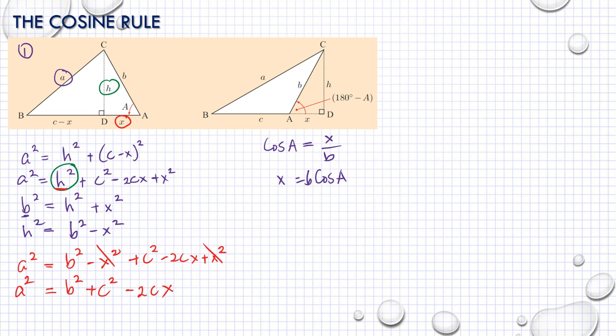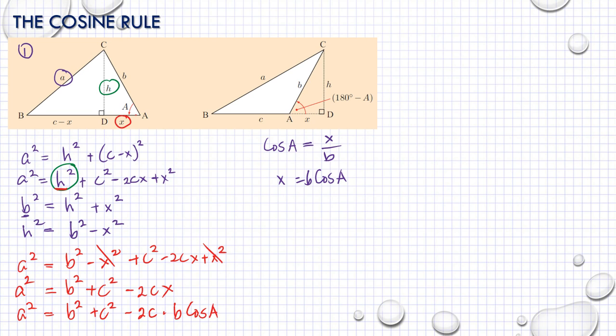Okay, substituting once again, we have A squared is equal to B squared plus C squared minus 2C multiplied by B cosine A.